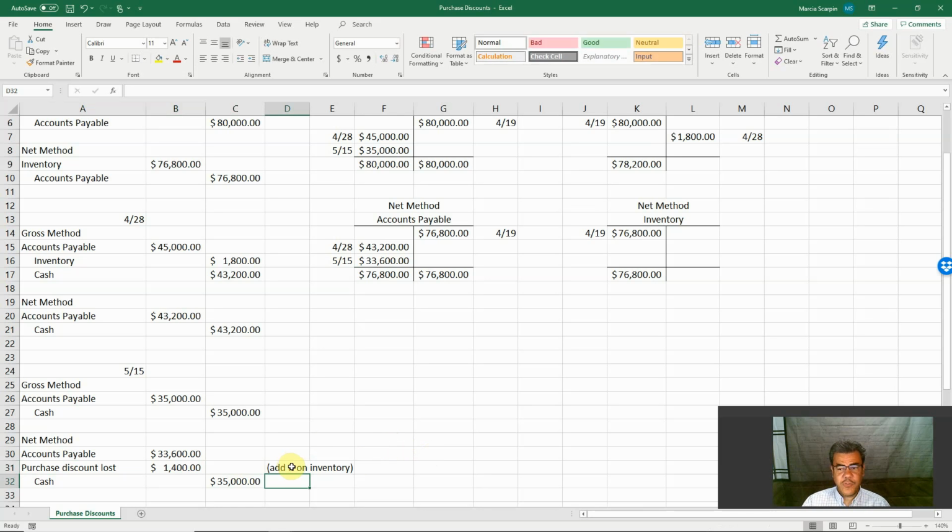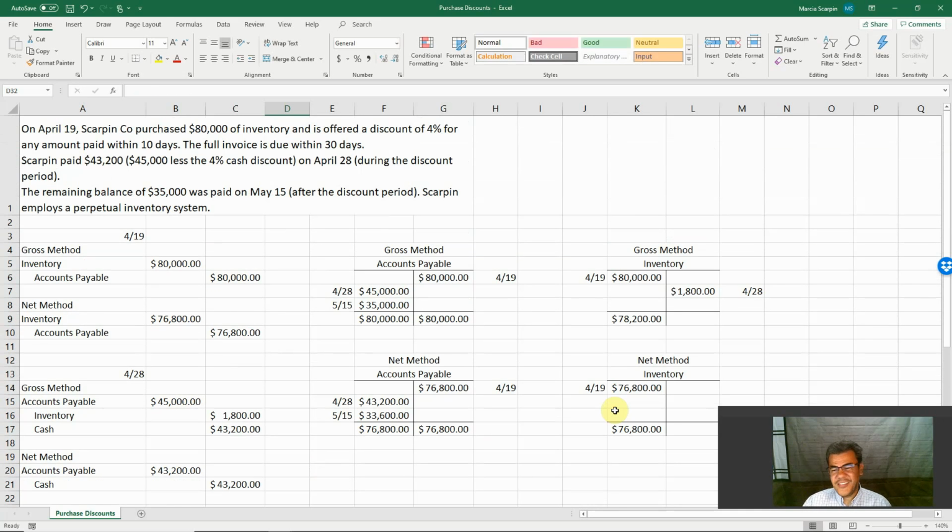So when we add it to inventory, the gross inventory will be 76.8 plus 1,400. Okay, guys? So this is an inventory account.